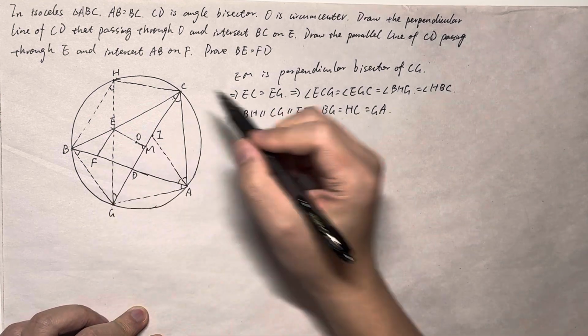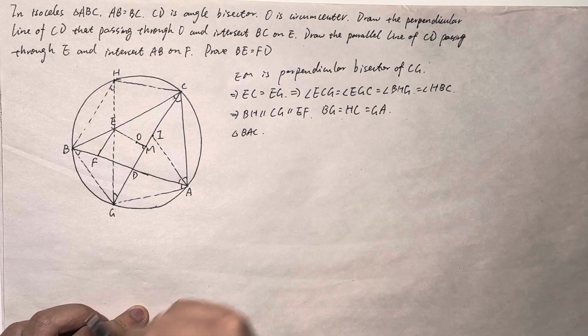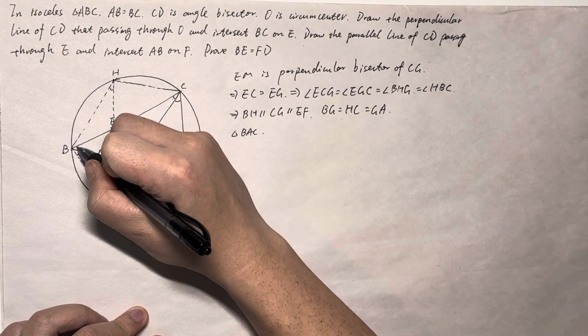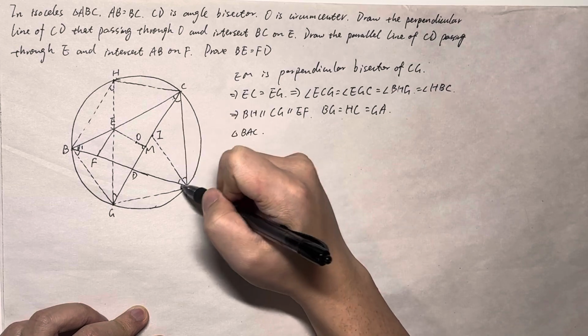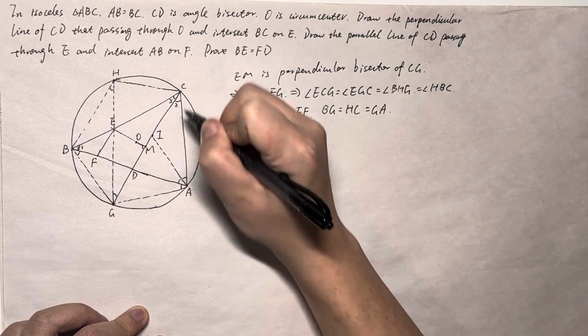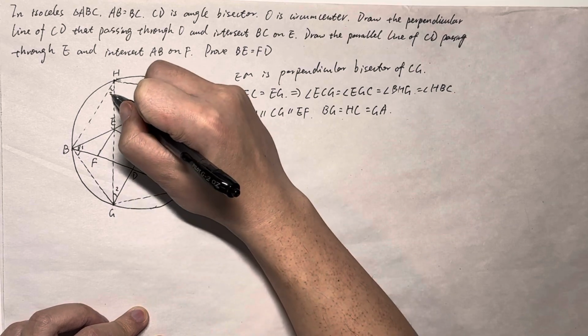Now we look at the triangle BAC. Let's call this angle 1, and these are angle 2. So we have angle 2 here, and angle 2 here. All of these are angle 2.